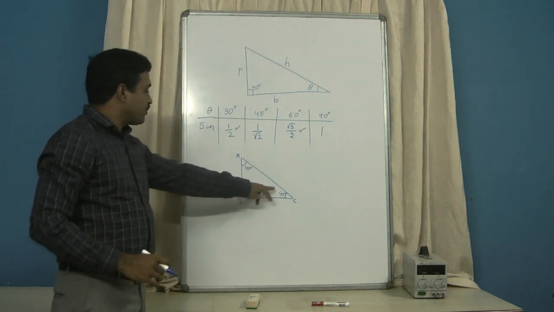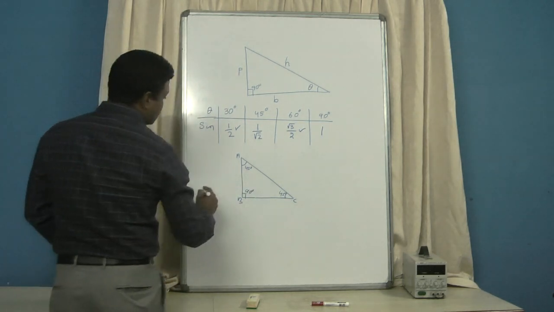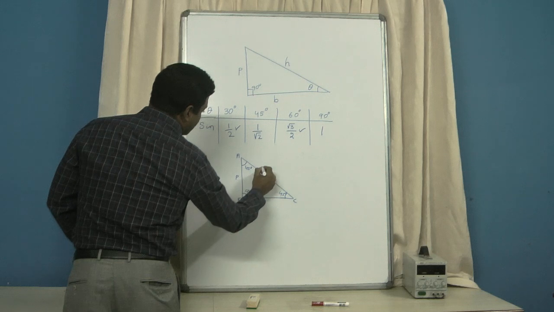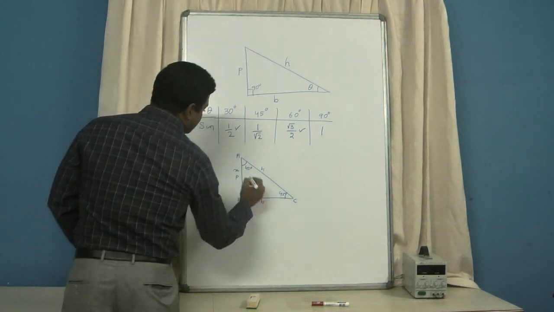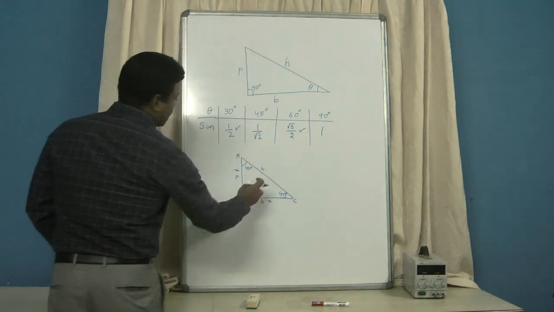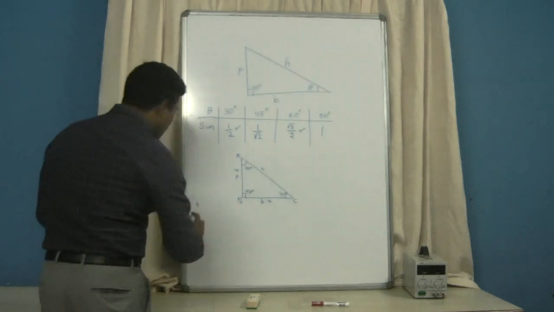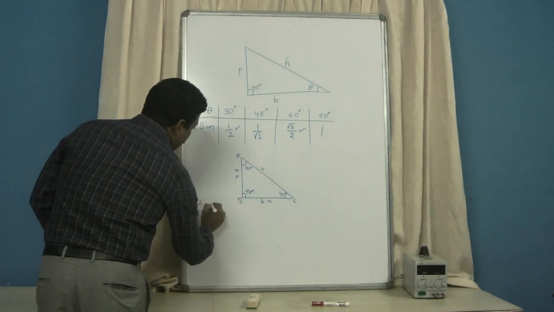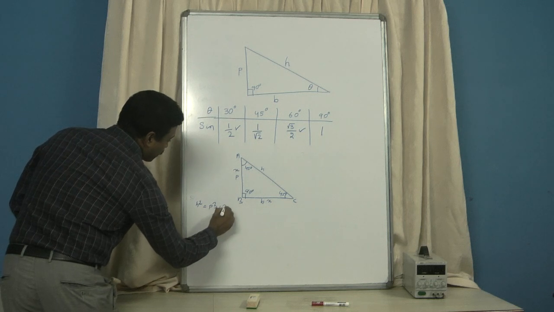The addition of all the angles of a triangle gives 180 degree. So in this case, this is P, this is H, and this is B. If this is x and this is x, the hypotenuse will be, after Pythagoras theorem, h square equal to p square plus b square.